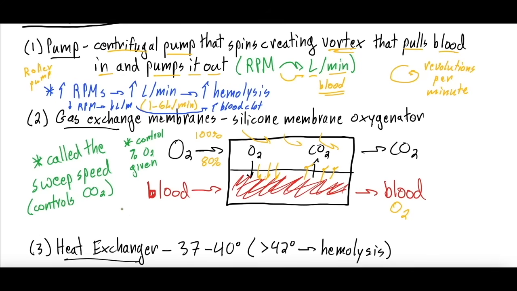So if you have hypercapnia, too much carbon dioxide in the blood, you want to increase the sweep speed, because that will increase the amount of carbon dioxide that it's diffusing out of the blood, and thus decrease the amount of carbon dioxide in the blood. So increase the sweep speed if you have too much carbon dioxide, whereas you'll increase the oxygen concentration in the gas itself if you have too low of oxygen.